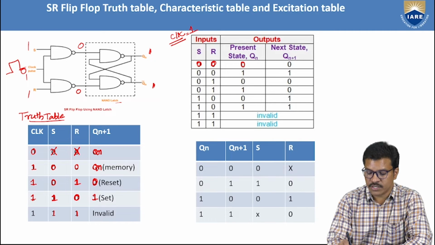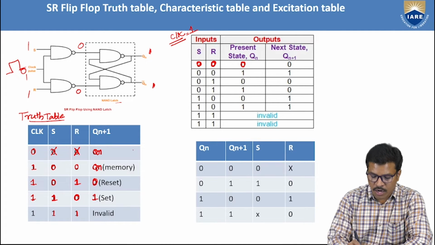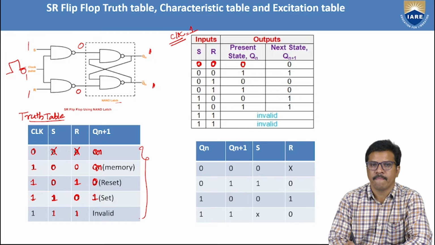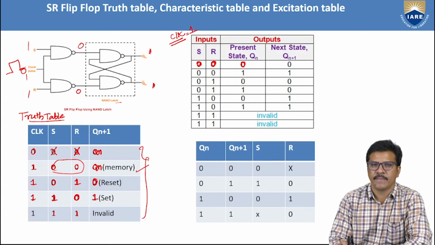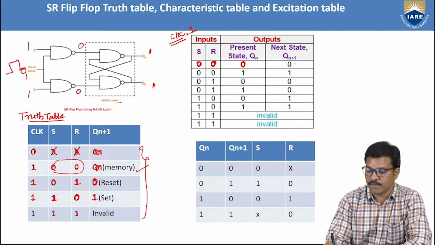So S is equal to 0, R is equal to 0. If present state Qn is equal to 0, according to this table, it is the memory case: next state is equal to present state. So whatever the present state, the same state will be reflected in the next state.